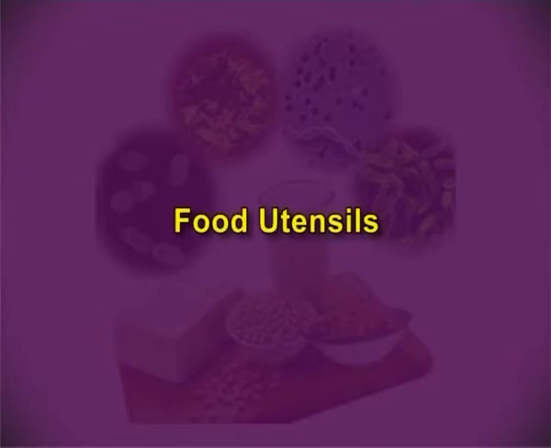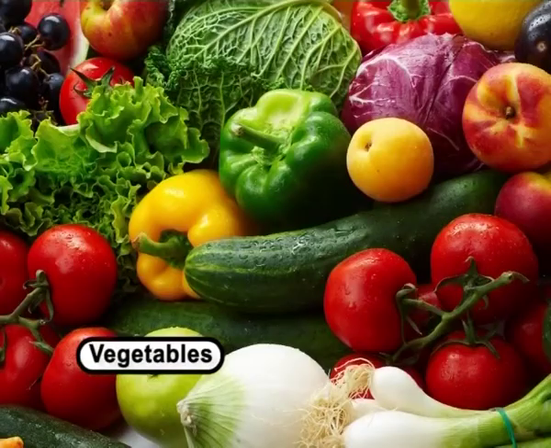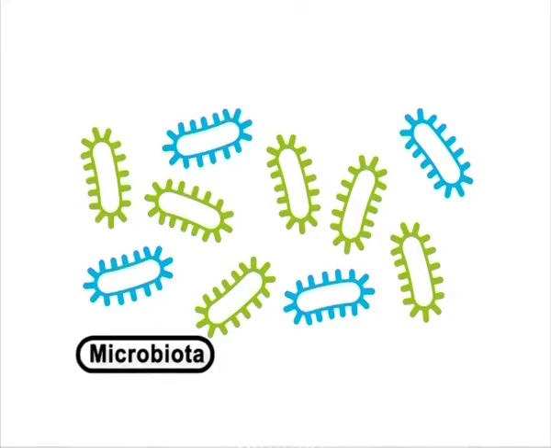Food utensils. When vegetables are harvested in containers and utensils, one would expect to find some or all of the surface organisms on the products to contaminate contact surfaces. As more and more vegetables are placed in the same containers, the normalization of the microbiota would be expected to occur.